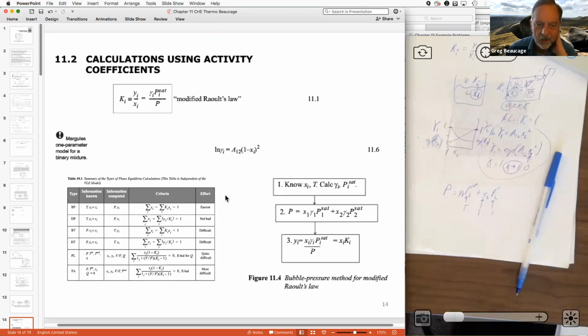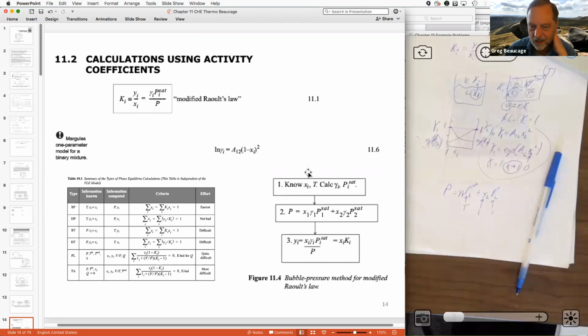So you're given the solution liquid composition, and you know the temperature. With the temperature, that gives you Psat. And then with the liquid composition, you need gamma to solve the bubble pressure problem. So for the first iteration, you just say gamma is 1; you just say it follows Raoult's law.